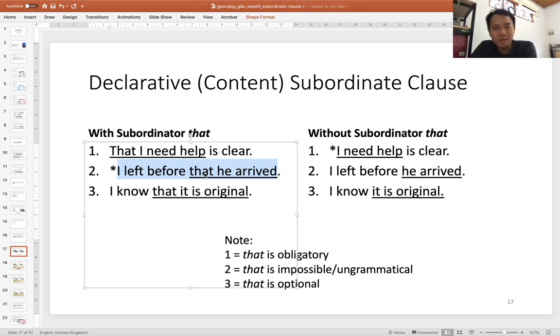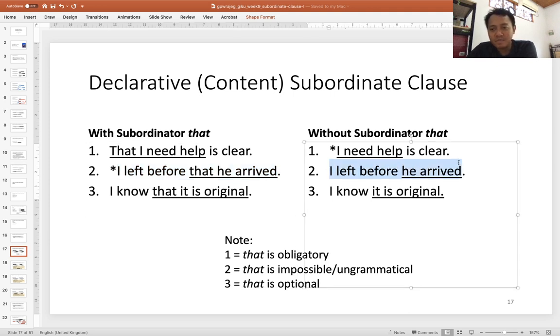You will most likely not encounter people saying that. That's strange. But when you omit that, it is perfect English: I left before he arrived. I left after he arrived. So you don't have that in this kind of example.